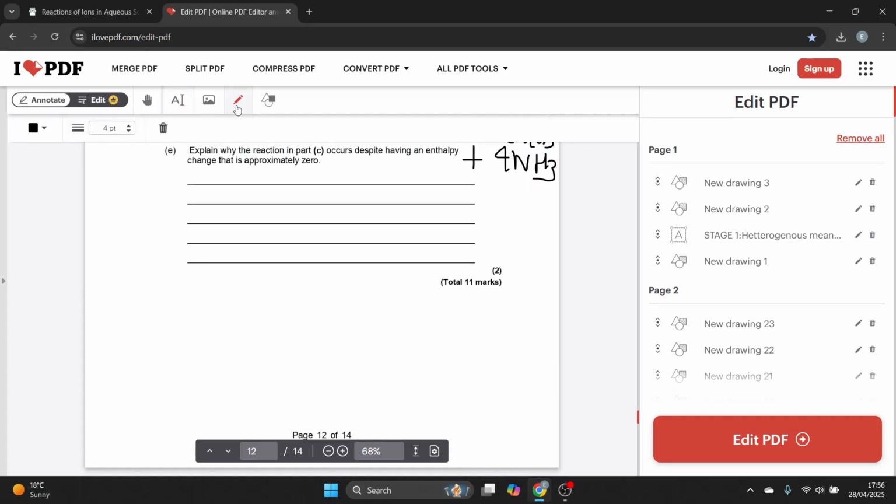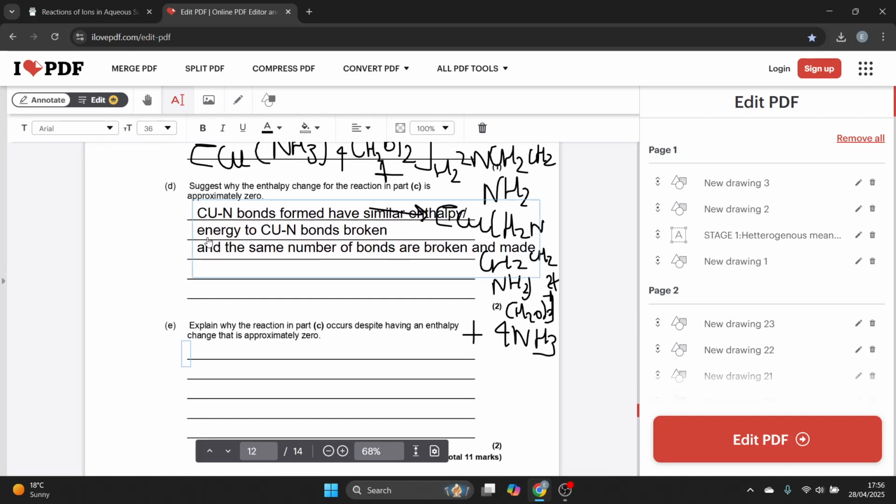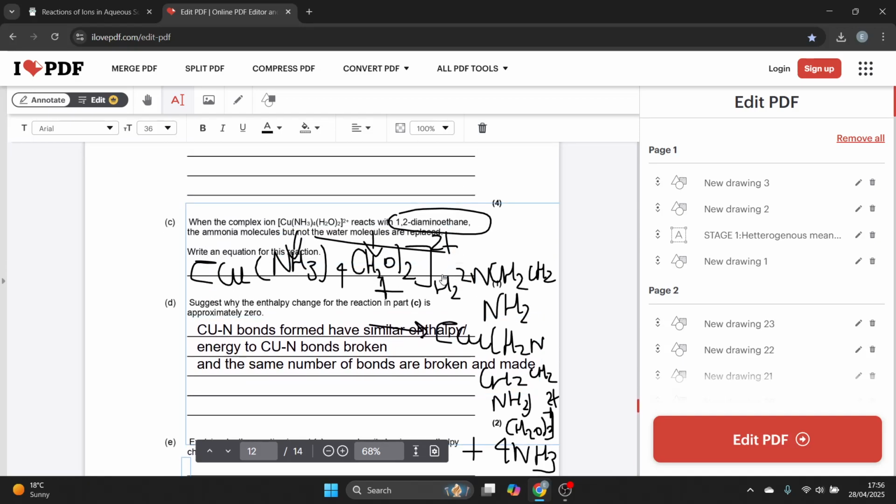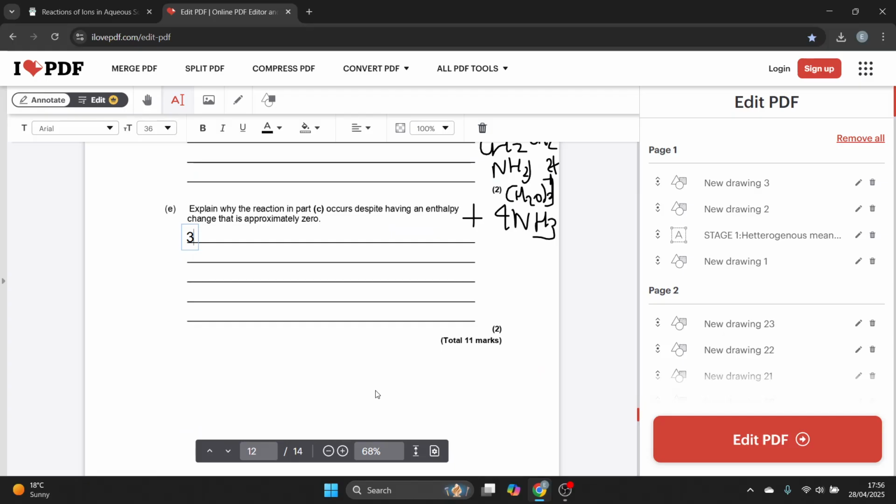Explain why the reaction occurs despite having an enthalpy change that is approximately 0. Well, I'm going from 3 particles to 5. So 3 particles form 5 particles. That tells me entropy change is positive, hence Gibbs free energy change is negative, and that's why the reaction occurs.